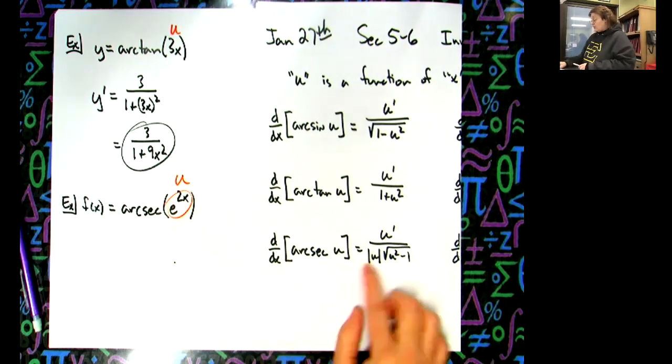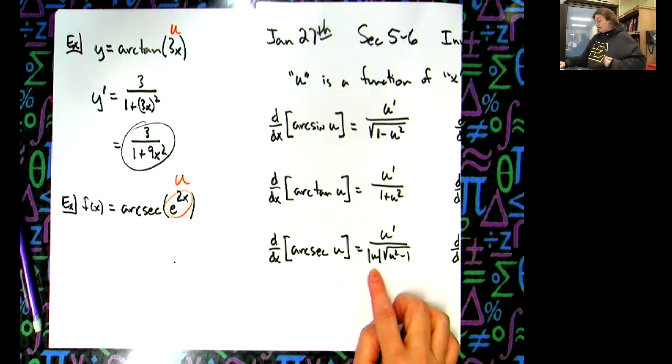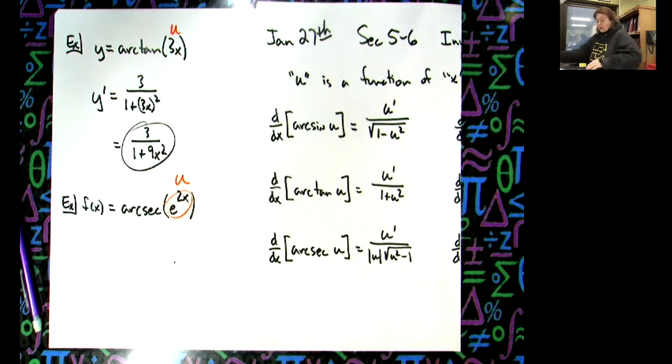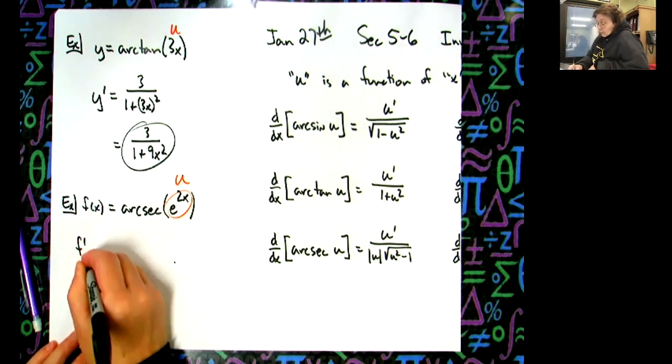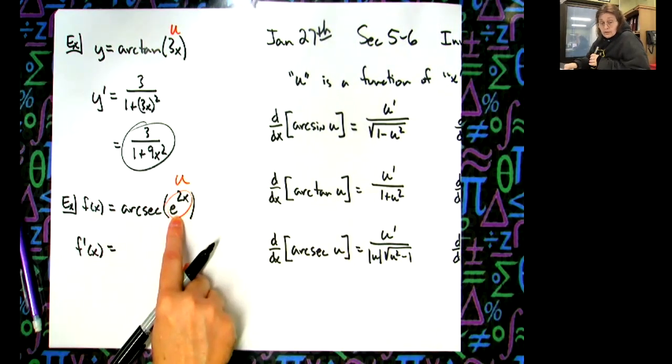Secant is right here, so we're going to take the derivative in the numerator. We're going to go absolute value of our u, and then square root of u squared minus 1. So f prime of x. I need the derivative on top. Derivative of e to the u is e to the u prime.